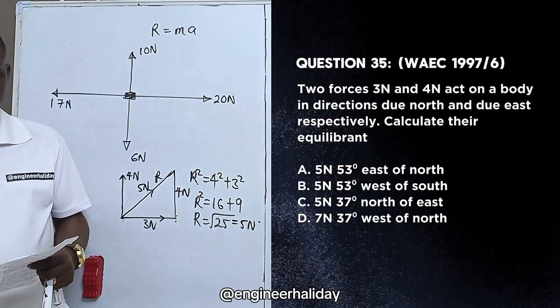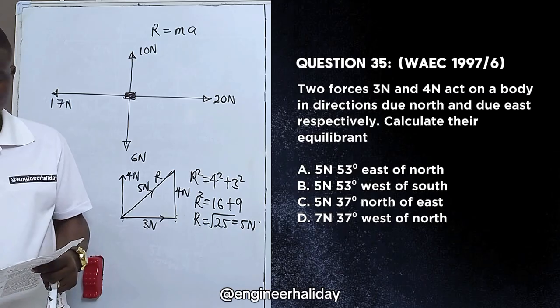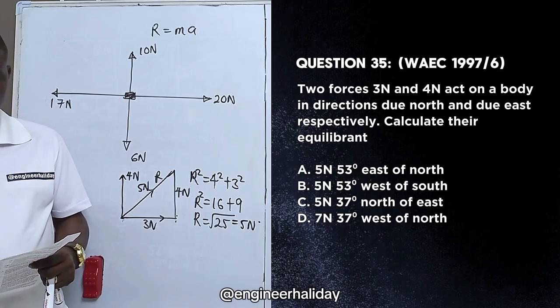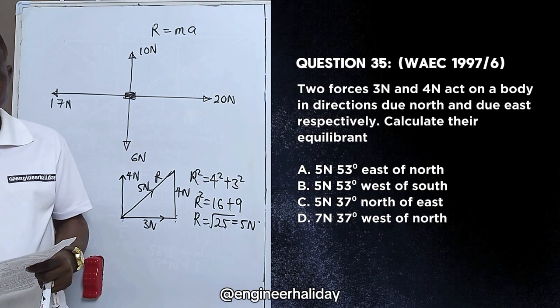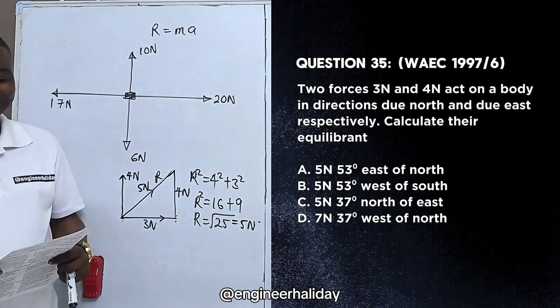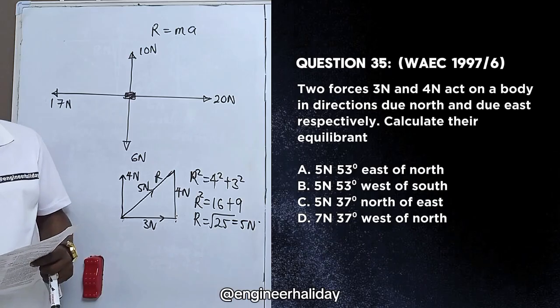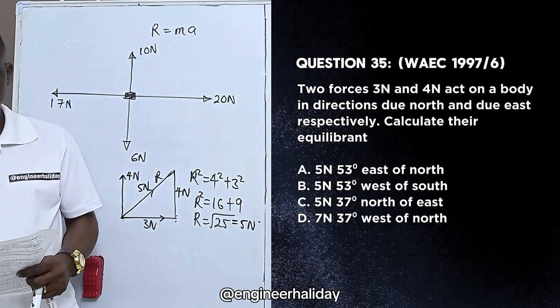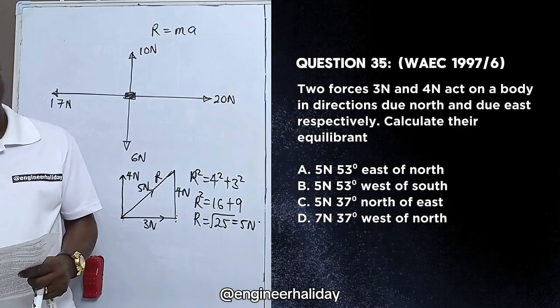Two forces, 3 Newton and 4 Newton, act on a body in the direction of due north and due east respectively. Calculate the equilibrium. This question is the same thing as question 32.